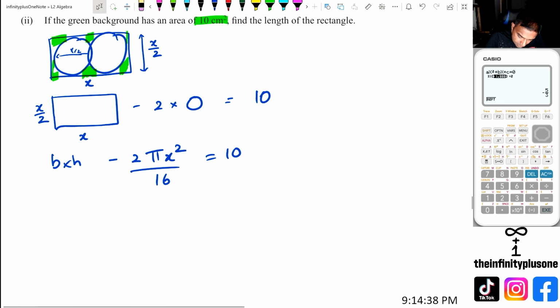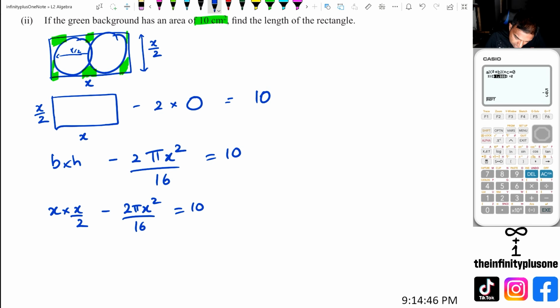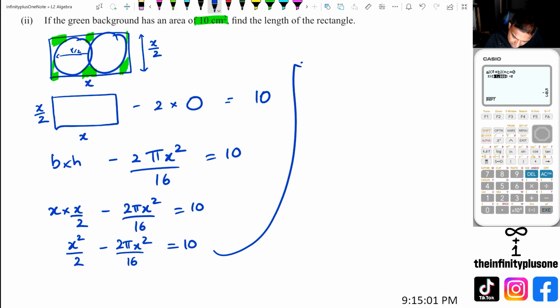Now as for the base times height, that's going to be x times x over 2 minus 2 pi x squared over 16 equals 10. So this is going to become x squared over 2 minus 2 pi x squared over 16 equals 10.